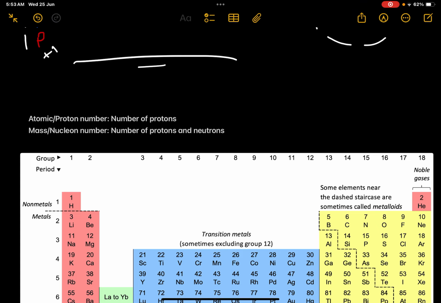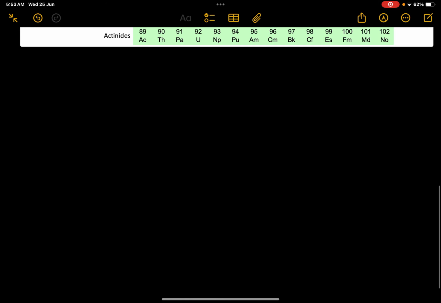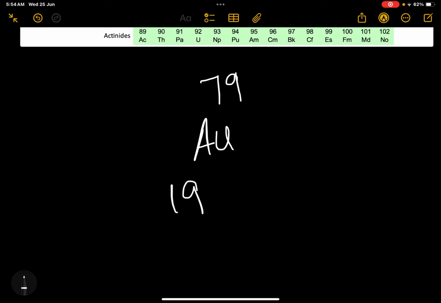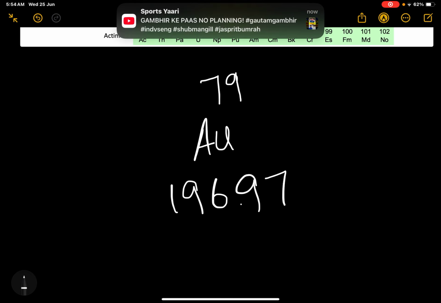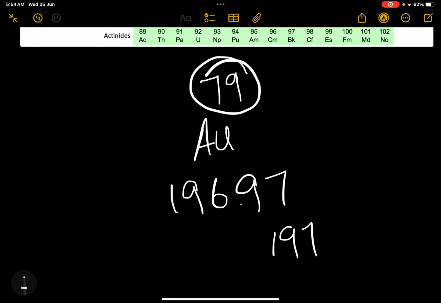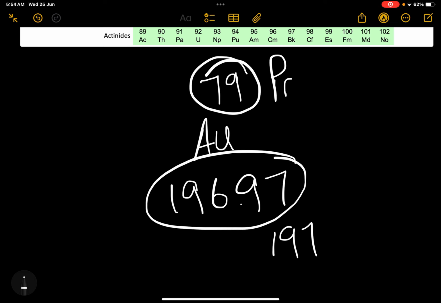So let me write it down here below. This should make it easier. This is gold. Gold has 79 and 196.97, which we can round off to 197. This is the proton number and this is the nucleon number.